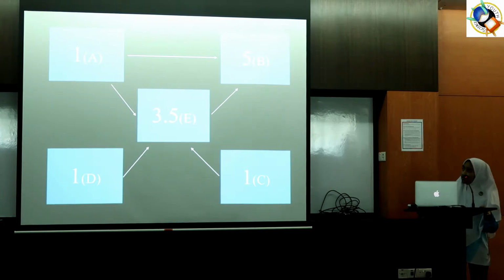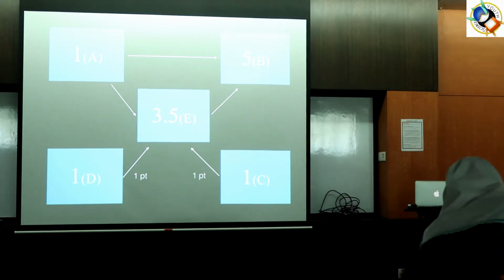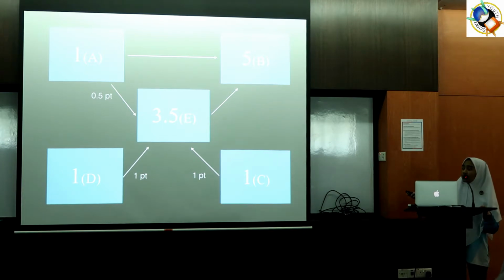When we look at page E, it has a ranking of 3.5. It comes from 1 point from D, 1 point from page C, and 0.5 points from page A. So 1 plus 1 plus a half is 2.5, and then plus the 1 point that was originally there, 3.5.